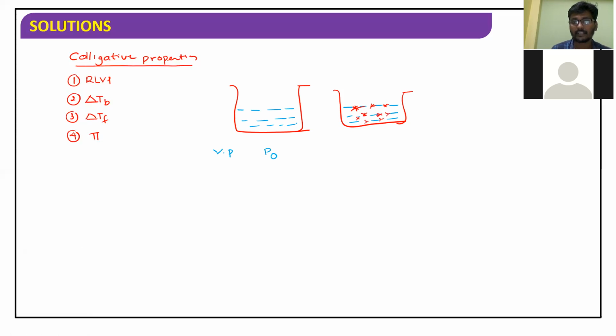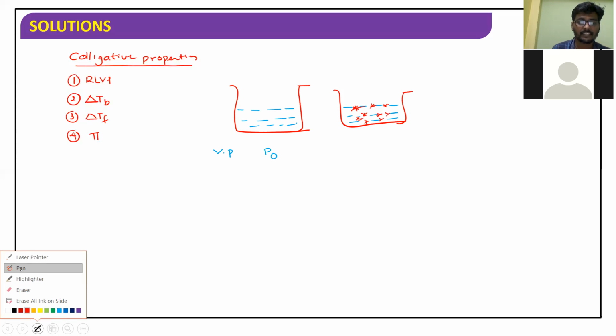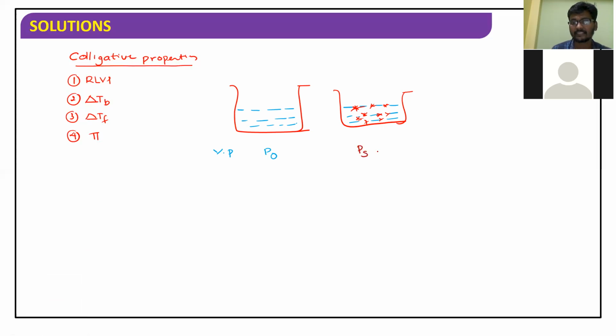When the number of particles increases, its vapor pressure decreases. So PS decreases. The decrease in the vapor pressure is called the lowering in vapor pressure. The lowering in vapor pressure is nothing but P naught minus PS.